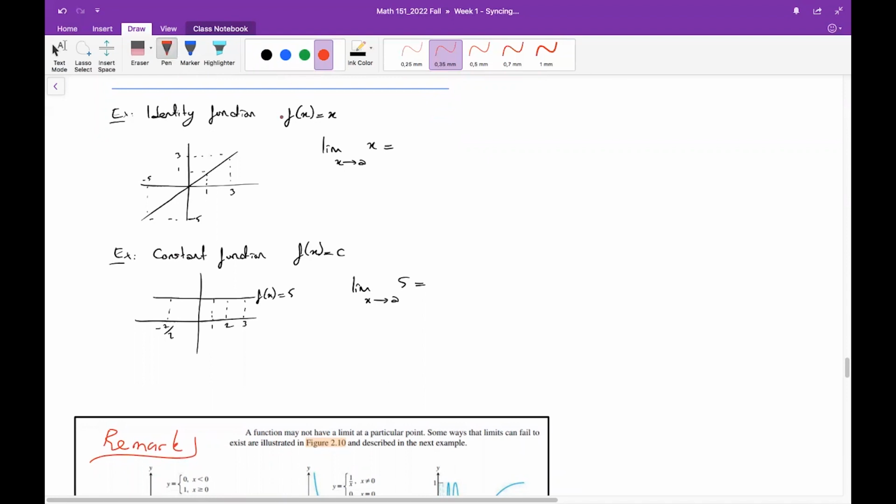This is the function given as f of x equals x. At any value a, the value of this function is a. So, for example, if you choose a as 3, the limit of x as x goes to 3, without seeing the picture, you can calculate the limit by just evaluating this function at the given point. So insert x equals 3, you get 3.